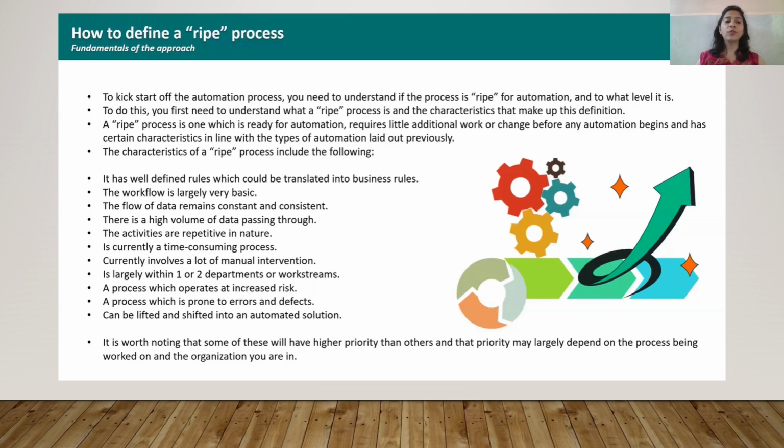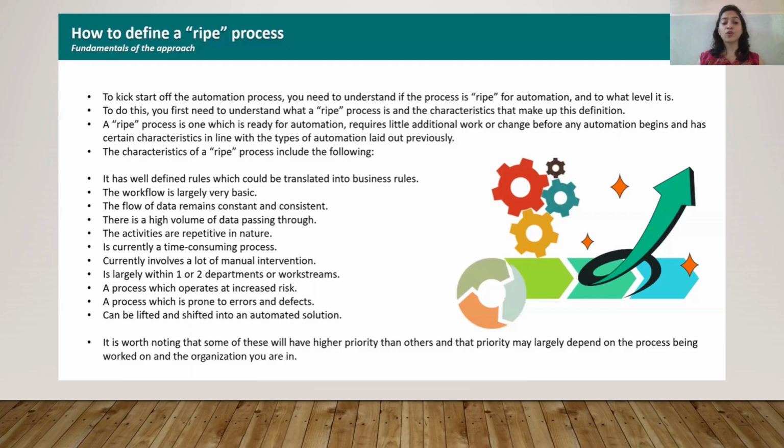The right process is one which is ready for automation, requires little additional work or change before any automation begins, correct? And it has certain characteristics in line with the types of automation laid out previously. The characteristics of the right process are the following. It has well defined rules which could be translated into business rules. The workflow is largely very basic.